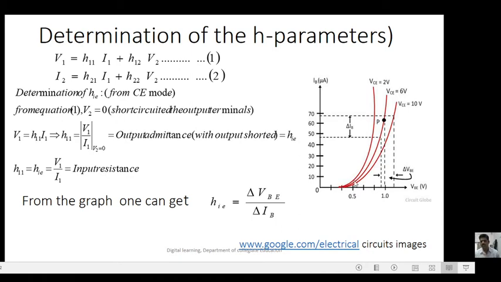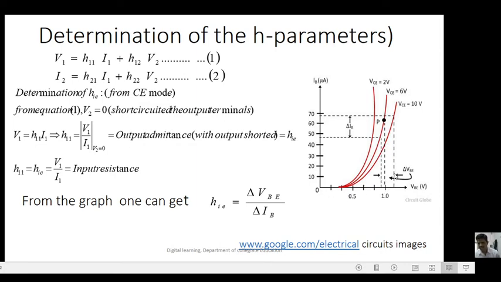Here there are 3 curves, with VCE constant at 10 volts, VCE equal to 6 volts and VCE equal to 2 volts. This is the first curve, this is the second curve, and this is the third curve. Here VB is taken along the x-axis and IB along the y-axis.